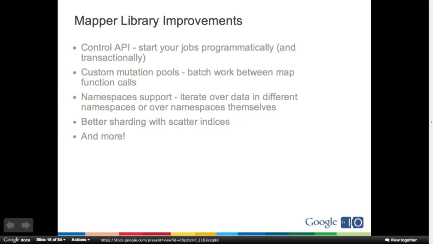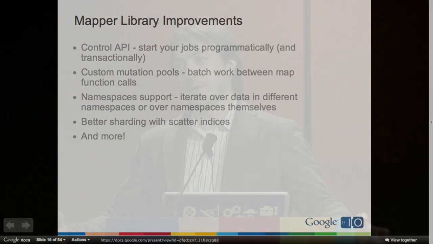We have namespaces support, so that not only can you run your mapper over some fixed namespace if you use namespaces, or several namespaces. You can even run mappers over namespaces, not the data inside namespaces, but just over namespaces, so that you can analyze your namespaces. You can do some kind of migration, statistics, whatever.